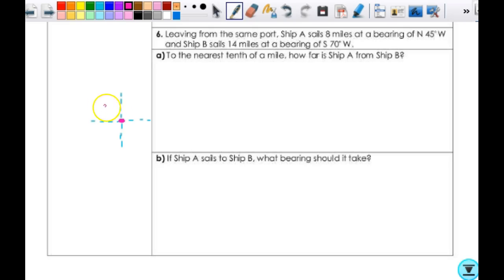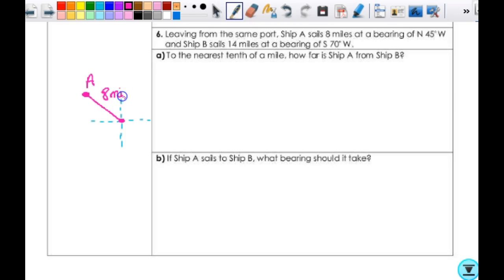But it helps you hit the 45 more accurately in the other angles. So 45 degrees of north, 45 degrees west. So it's halfway between that 90, right? So it's going to sail out here. Here's ship A. And what was it? 8 miles.